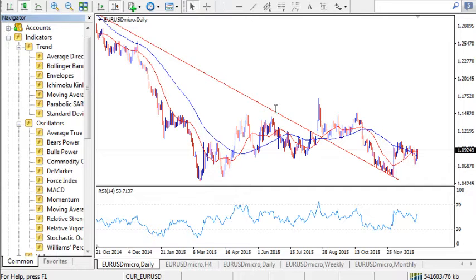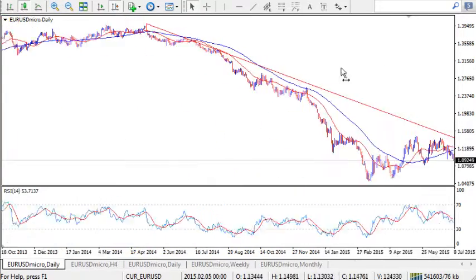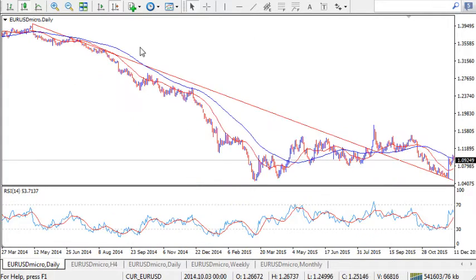I like to use a 9-period moving average on the oscillator, and here the applied to should be previous indicator data. Okay, so I'm gonna close now the navigator.